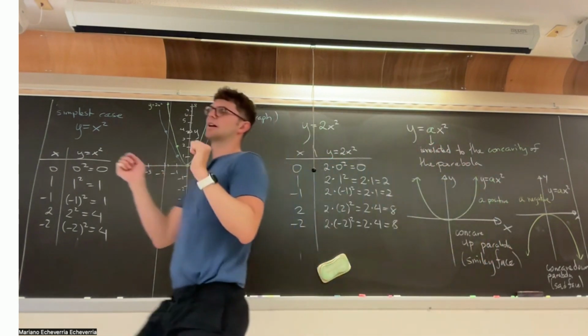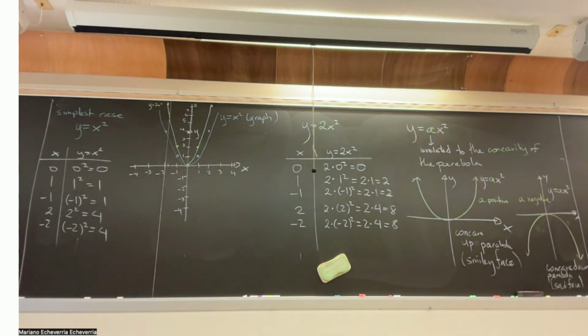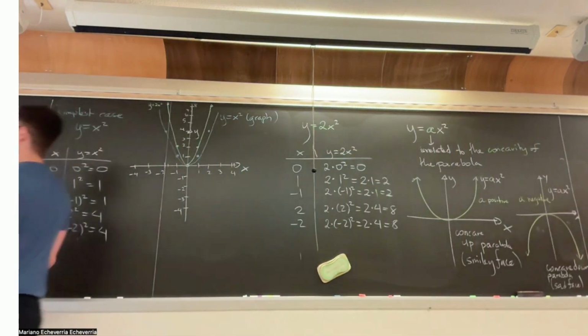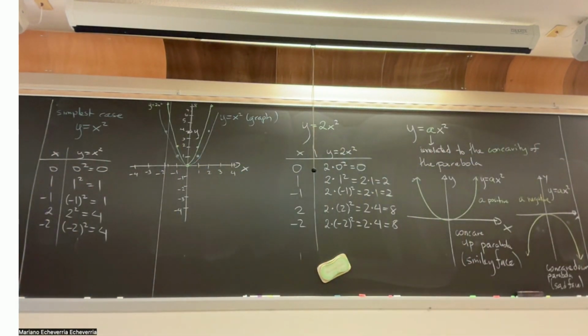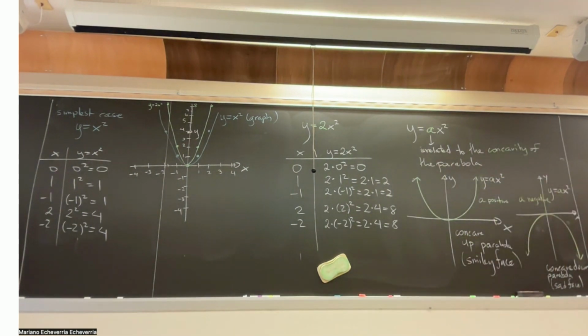How much it gets close to the y-axis or the x-axis does depend on the specific value of a, but the mood of the graph only depends on whether it's positive or negative. Okay, so that is what happens with the number in front of x squared.